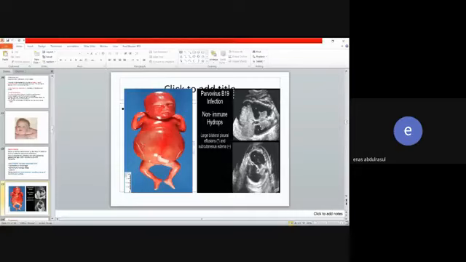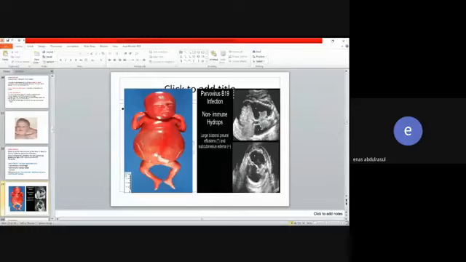The other causes of non-immune hydrops include severe fetal anemia due to genetic or other causes, severe lung deformities, severe cardiac deformities, as well as twin-to-twin transfusion syndrome. The congenital or infectious causes of non-immune hydrops fetalis include a number of pathogens, a number of viruses or other pathogens, such as parvovirus, which is the most important.